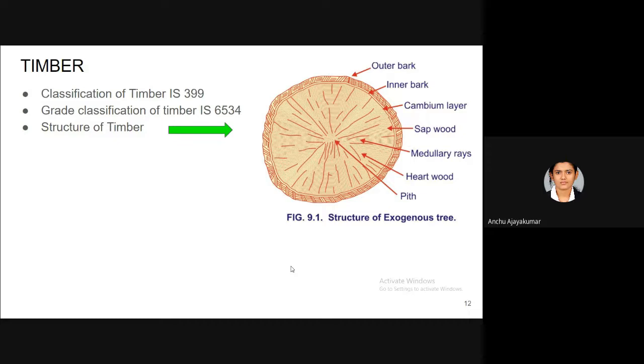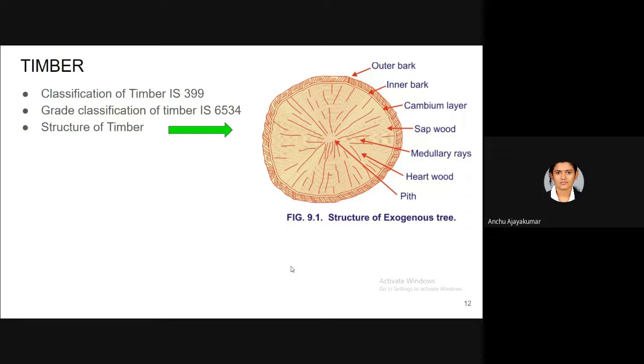It is the outermost layer. Bark can be divided into two: outer bark as well as inner bark. This bark protects the wood against mechanical damages. The first protection-giving layer is the bark.